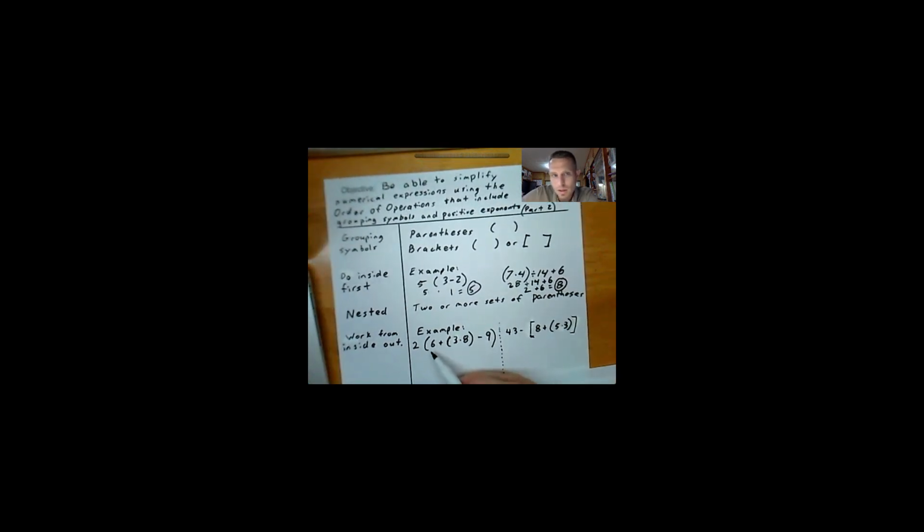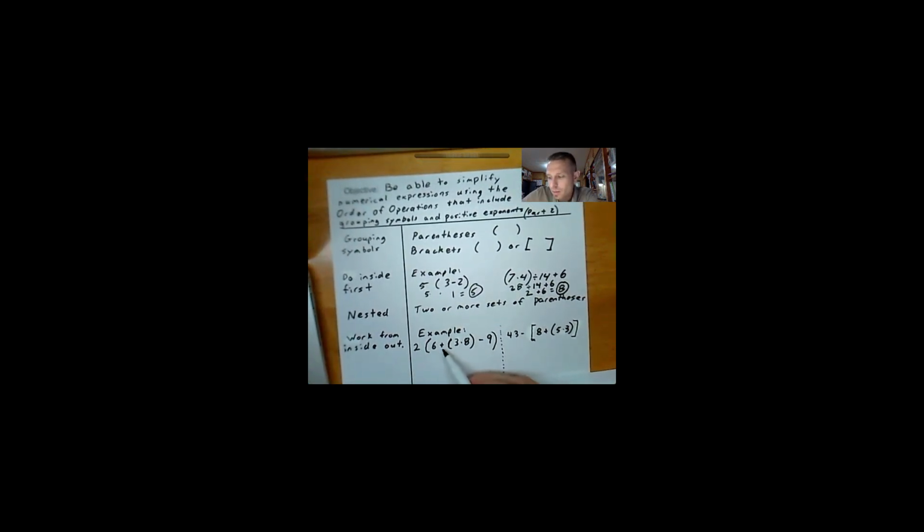So here we have 2 times, parentheses, 6 plus, parentheses 3 times 8, minus 9, and then another parentheses. You'll see these two go together, and then these are the outer two. It's kind of like writing a sentence where you have a quote inside a quote. So we want to work from the inside out.